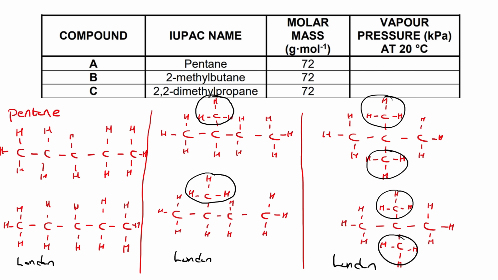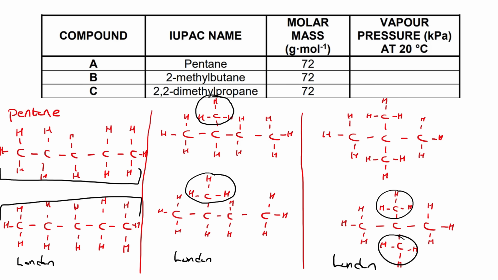For example, over here where you've got absolutely no branches, there's a lot of surface area available. But as soon as you start going with branches, scientists have been able to show that the available area becomes less.